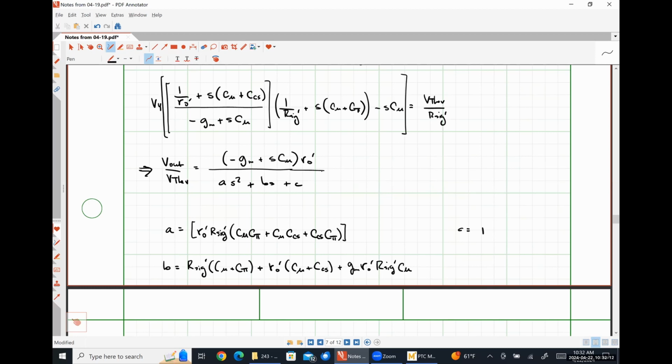So very obviously, the second order polynomial is going to wind up giving us two poles just using the quadratic equation, right? Negative b plus or minus the square root of b squared minus 4ac all over 2a. Okay. Nothing hard there. What we got to figure out now is what's going on with our numerator, because at no point in any of this did we pull out our midband gain.